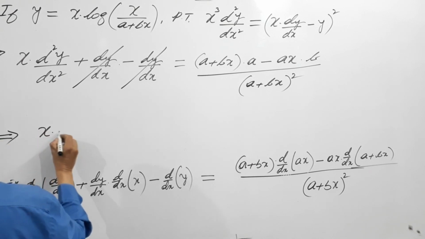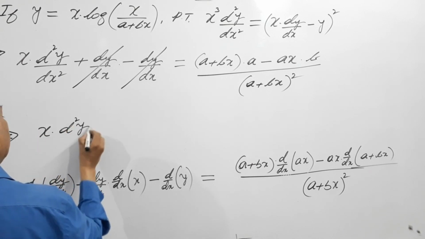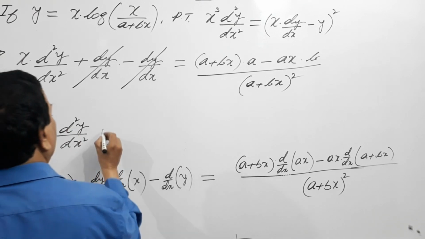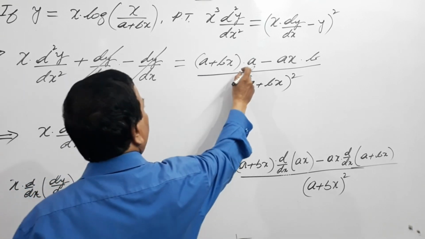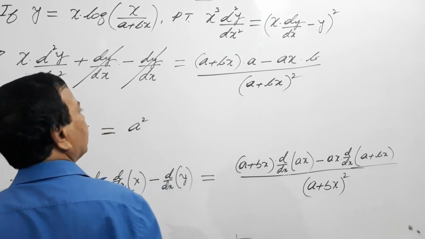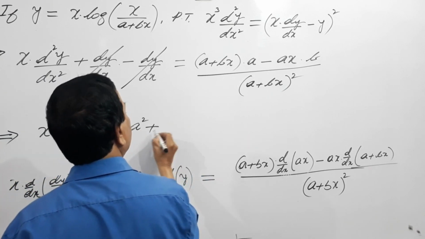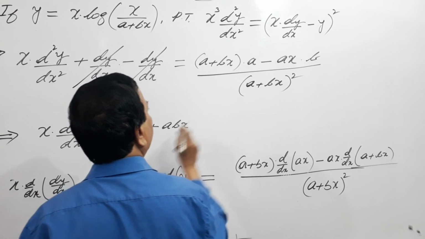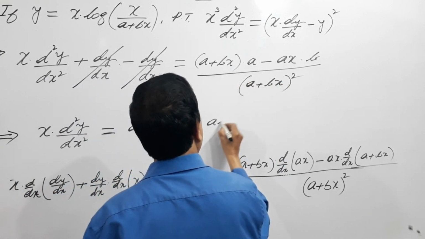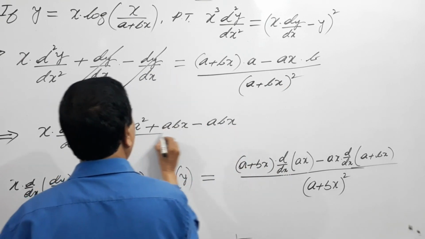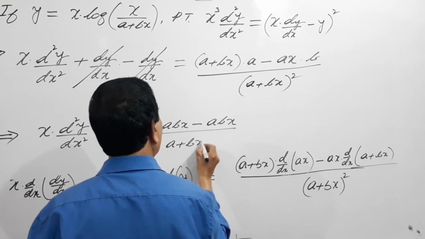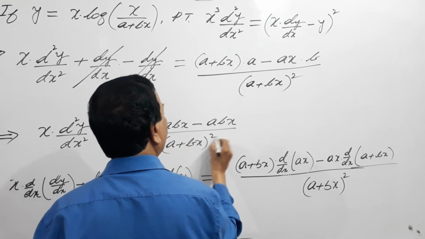That is x into d square y by dx square equals, I will multiply this, a into a square, and this becomes plus abx minus abx, divided by a plus bx whole to the power of 2.